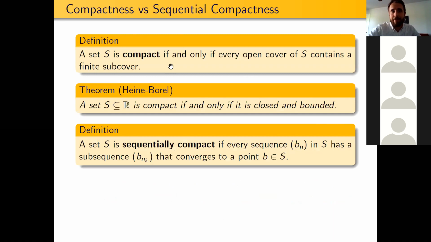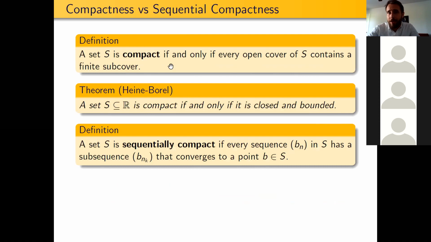So first, we have our original definition of what it meant for a set to be compact. We said that S is compact if and only if every open cover of S contains a finite subcover. So that was our very, very challenging definition of what it means for a set to be compact.